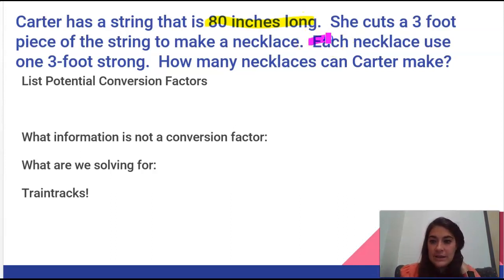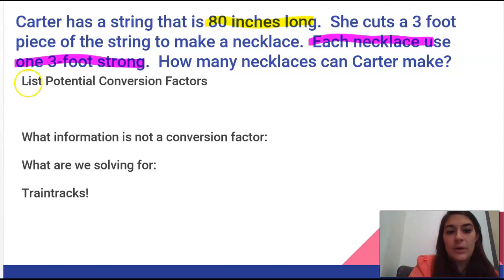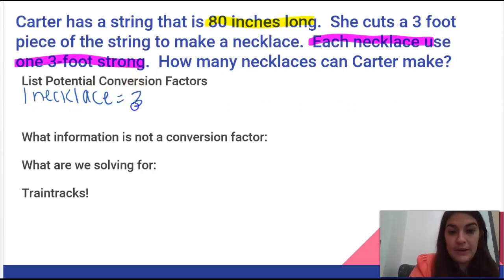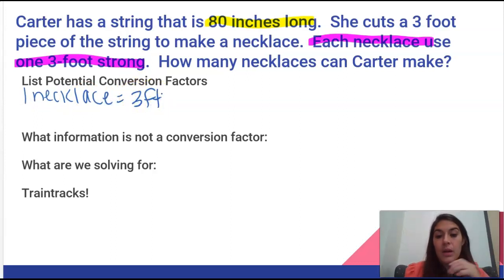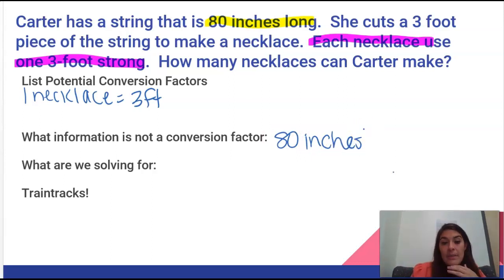Each necklace uses 1 string. There we go. There's an equivalence. Okay, so 1 necklace equals 3 feet. All right, and what was not a conversion factor? We had those 80 inches at the beginning. And what we're solving for is the number of necklaces.